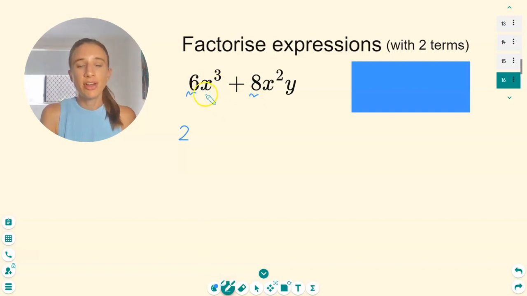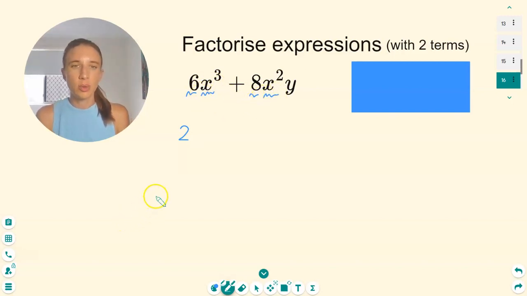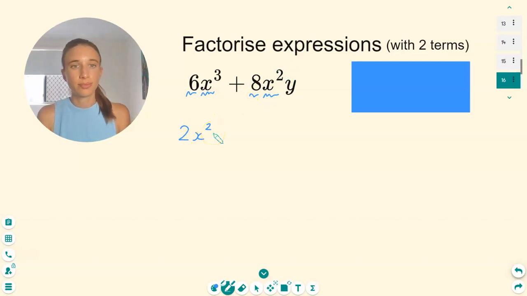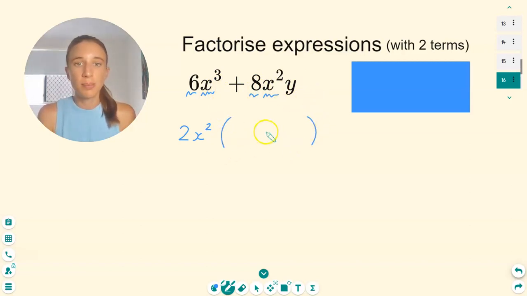Then I check my variables. We've got x cubed and x squared. The highest common factor is the one with the lowest power. I'm going to pull x squared out the front. And y isn't common to both of them. So we're ready to start putting numbers into our brackets.